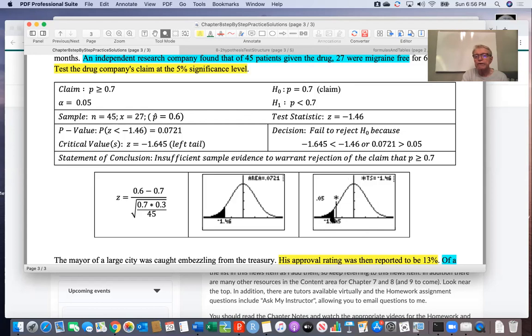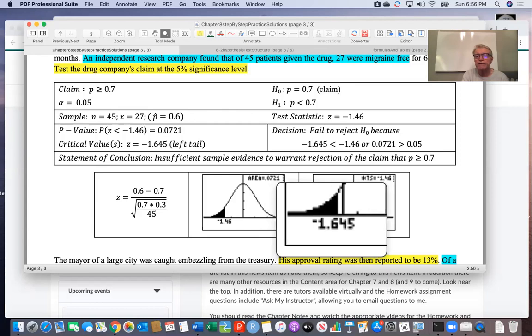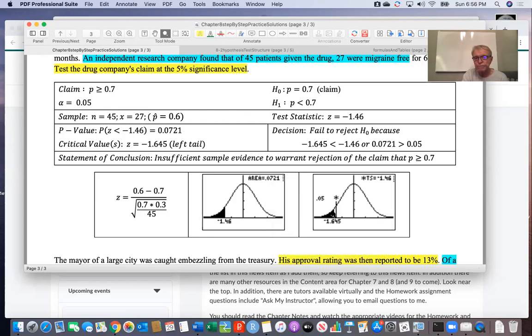So if our test statistic is farther to the left than the critical value of negative 1.645, it's unusual. And we plot that value, negative 1.46, that we found in step 2, and sure enough, it is not in the rejection or critical region, underneath the shaded part of the curve.